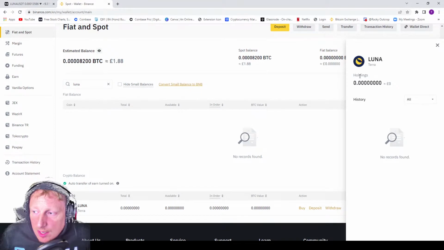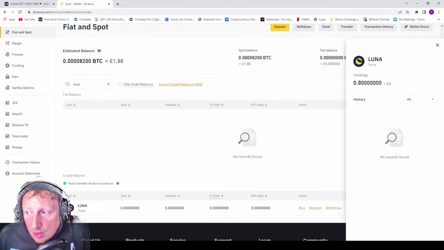It says that my holdings are 0. And it should say in here 2.35 something million Luna. So I should have 2.3 million tokens, but my holdings say 0. This is Terra Luna Classic. Okay, where is my Terra Luna Classic?